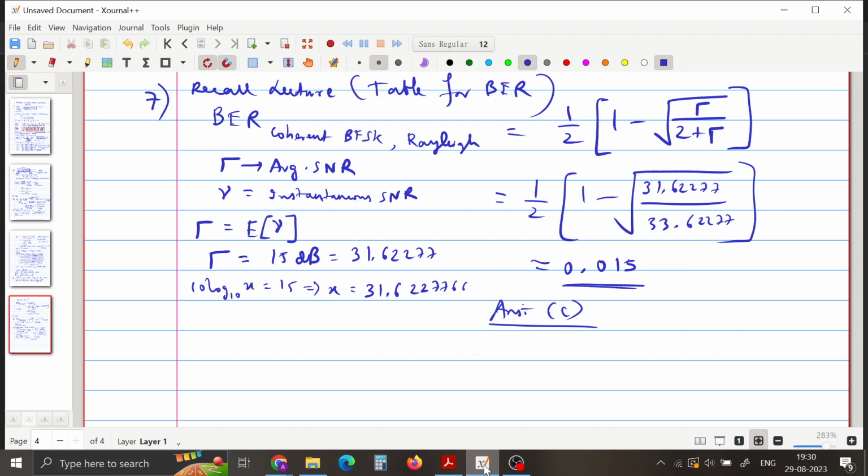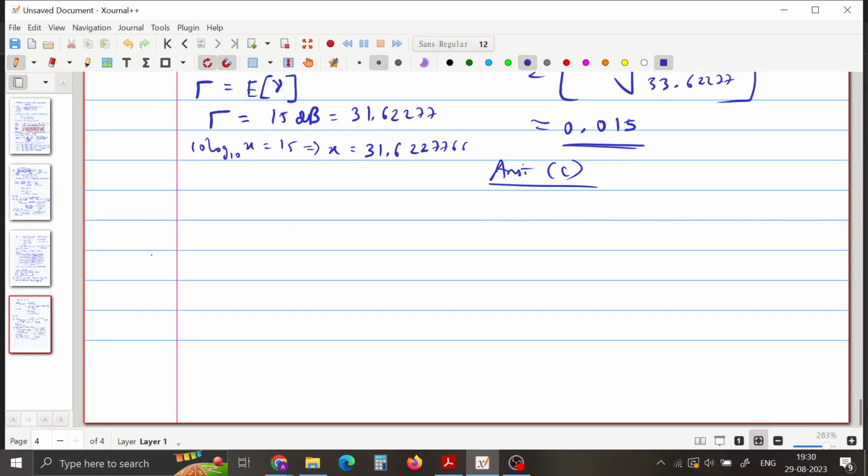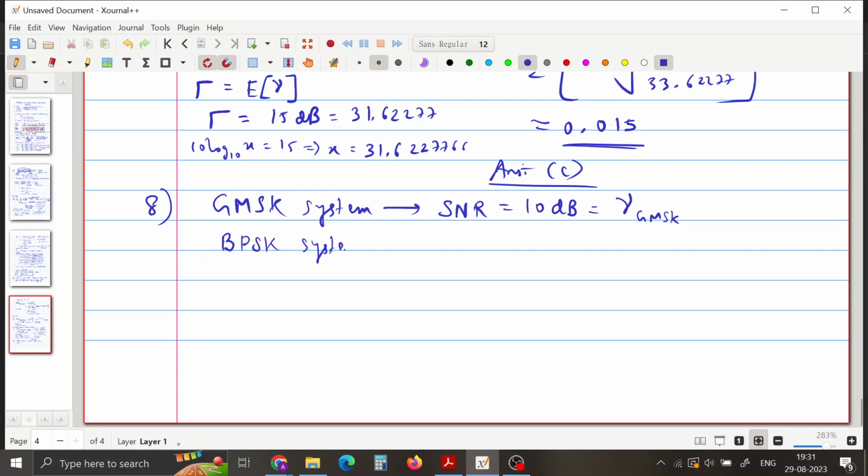So question 8, GMSK system. The SNR of the GMSK system is given to be 10 dB. Let me denote it by gamma GMSK. Now we are asked for the same bit error rate performance, what should be my SNR for the BPSK system?